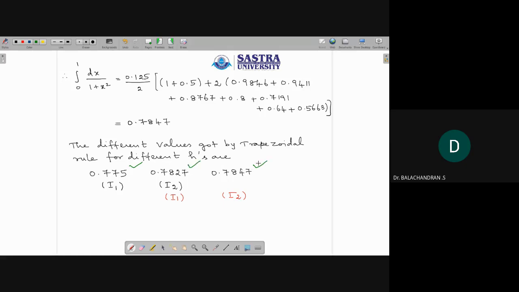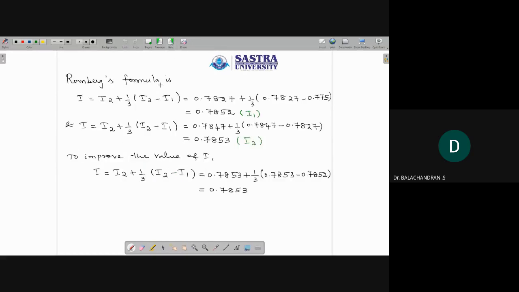Now listen here. First you should take the first value and the second value. This is I1, this is I2. Romberg's formula, I already told you: I2 plus 1 by 3 into I2 minus I1.